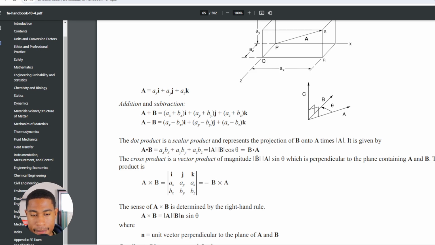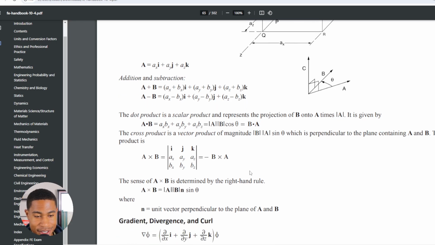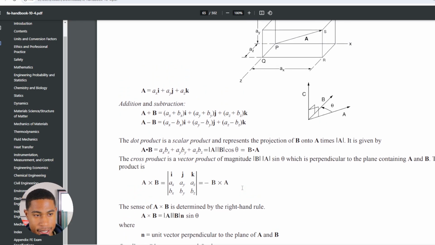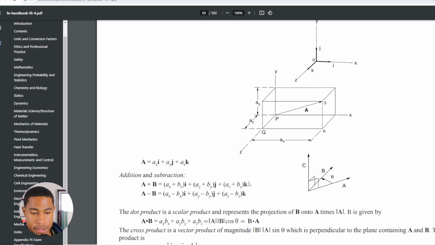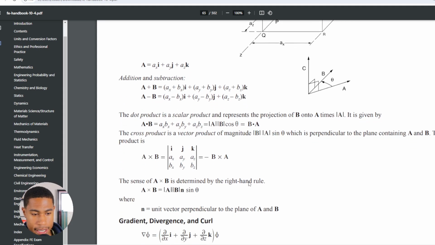But basically, you take the magnitude of B, take the magnitude of A, multiply it by the sine of theta, and that gets you closer to your answer, right? So there are a lot of variables here that we just have to fight with and go through to be able to understand vectors.